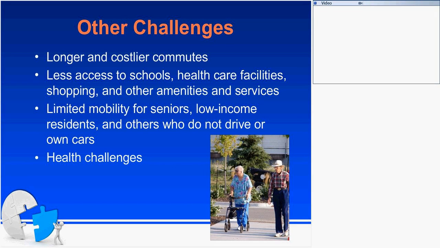And then other challenges that also relate to the land use and community design piece. Things like longer commutes, maybe less access to different types of destinations, limited mobility for people who don't necessarily drive, and health challenges.